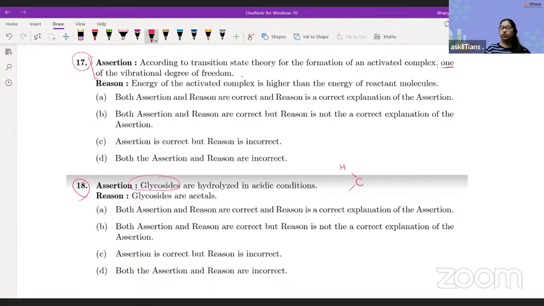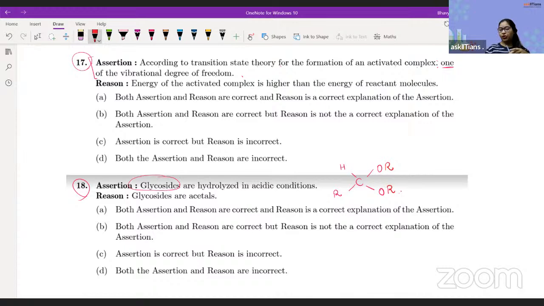On one side there is hydrogen, on one side there is some R group, and the other two sides, there are two ethers which are present. Two ethers, when they are connected to the same carbon, then we call it acetal. But the mandatory condition is they should be present on the same carbon, two ethers.